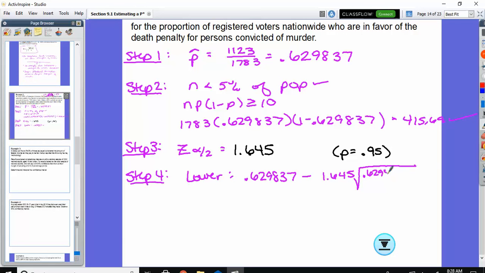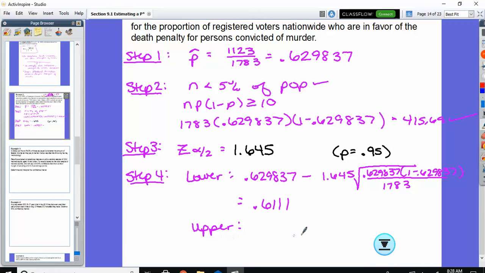So your P, 1 minus P, over N. I get 0.6111.